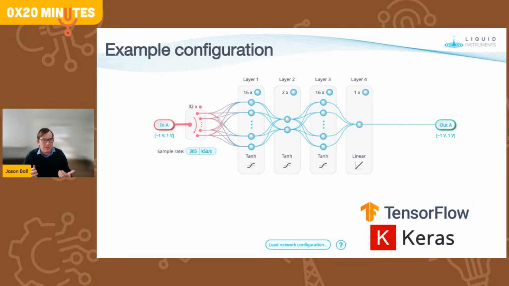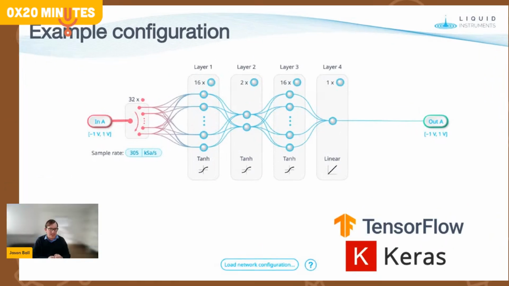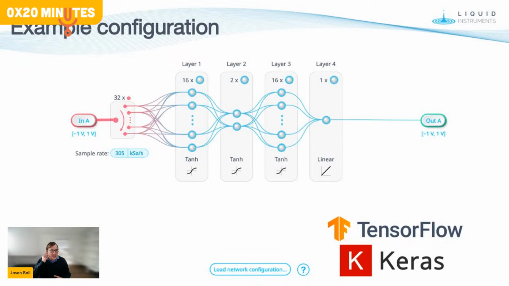You've got an input. It's a time series, so it takes 32 points and feeds it into the network. Your first layer is 16. Your next layer is 2. Basically, what this neural network is representing is what's called an autoencoder. What this does is it looks at data that's coming into the neural network and kind of breaks it down.